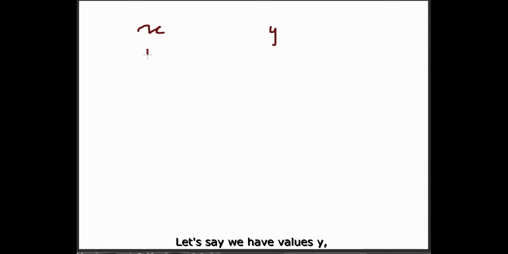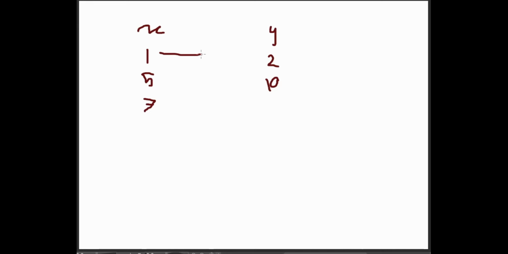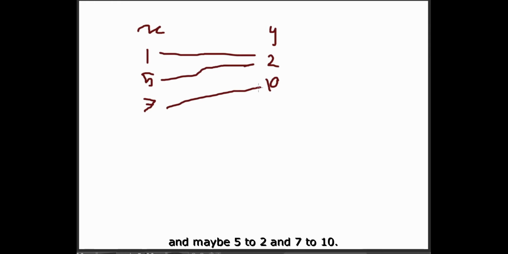Let's say we have values y, 5, and 7. And let's say we have values 2 and maybe 10. So if you were to relate these values, we would have maybe, let's say, 1 to 2 and maybe 5 to 2 and 7 to 10.